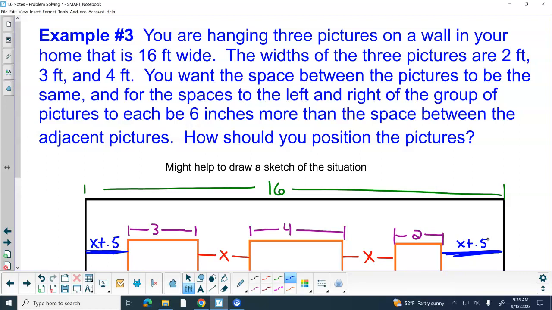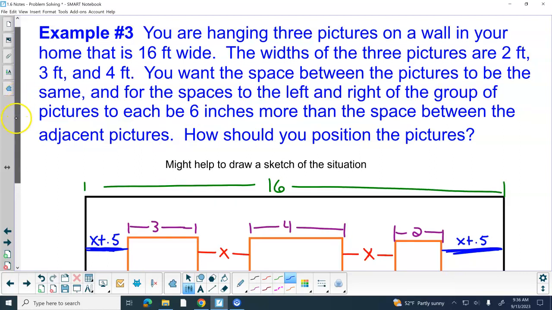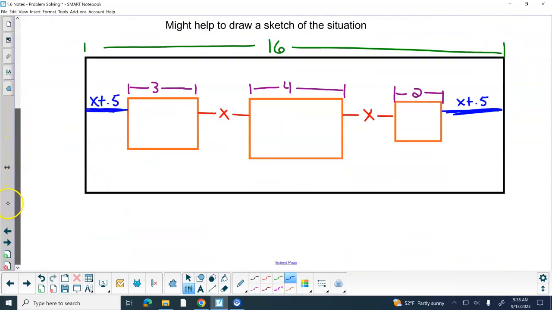Now, can we come up with an equation? What is it? What would our equation be?